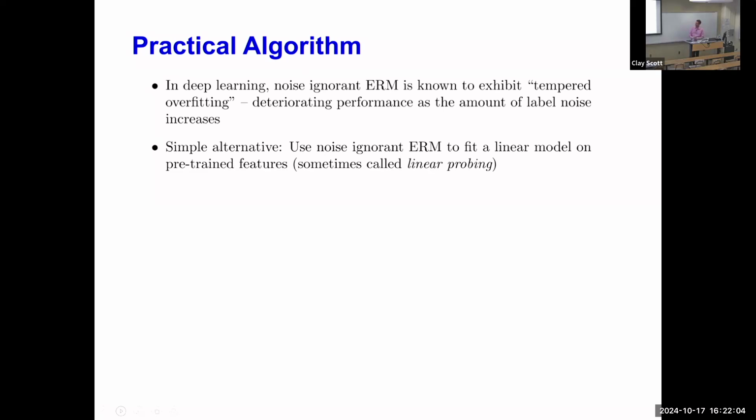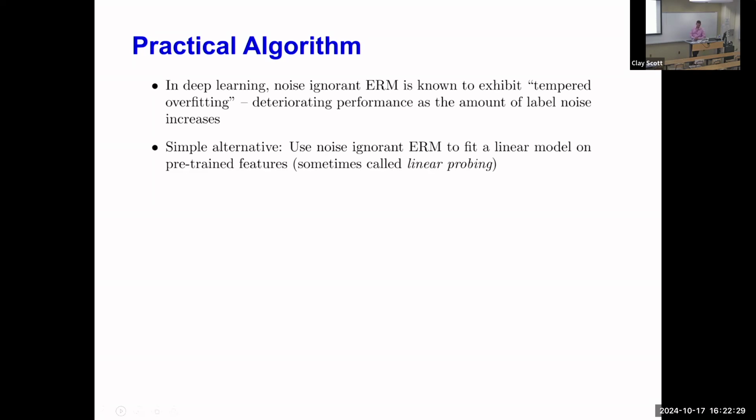The way we've reconciled that is, well, it's not really at odds with our theory. The problem is that for a deep network, the Natarajan dimension is just going to be ginormous. So you wouldn't expect good performance anyway based on that theory.